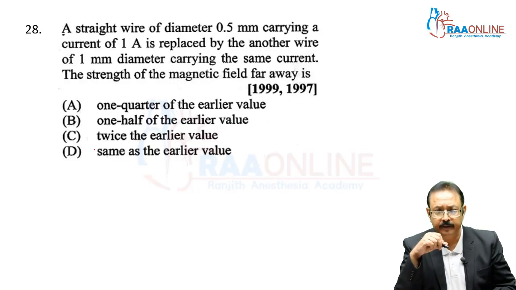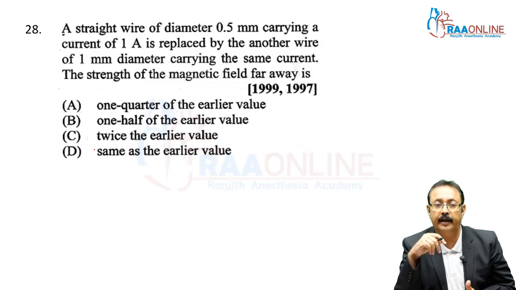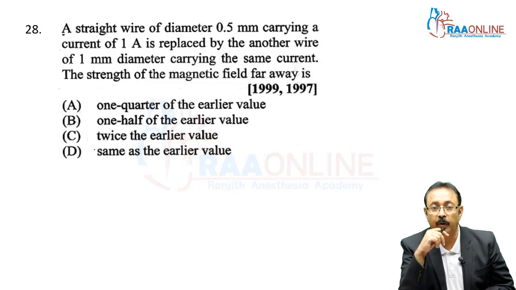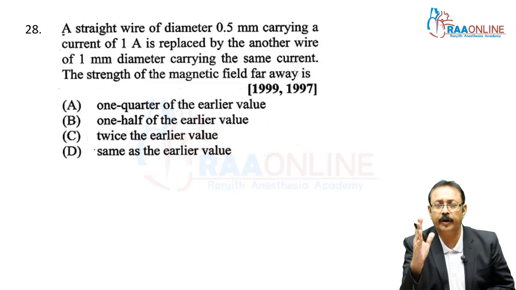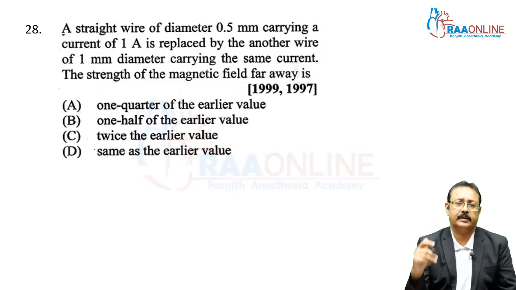28th, a straight wire. It is asked 2 times, 1997 and then 1999. So important concept it is. A straight wire of diameter 0.5 millimeter carrying a current of 1 ampere is replaced by another wire of 1 millimeter diameter carrying the same current, the strength of magnetic field far away is.